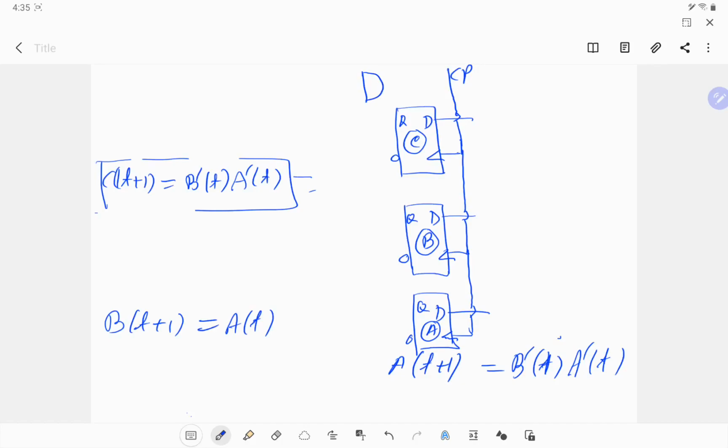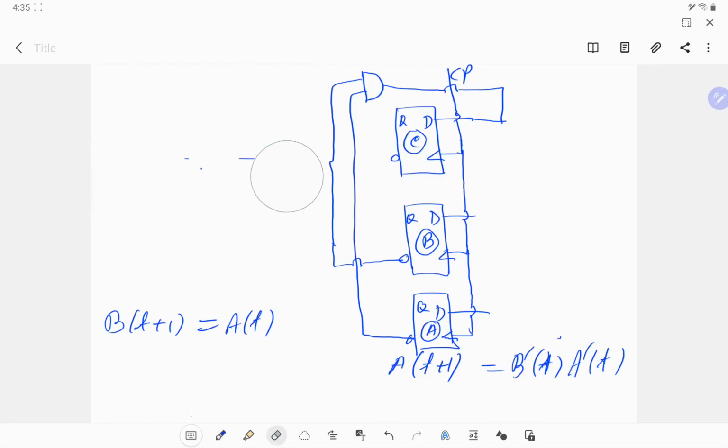So we have A prime, and we also have B prime. Then it goes to C T plus 1.